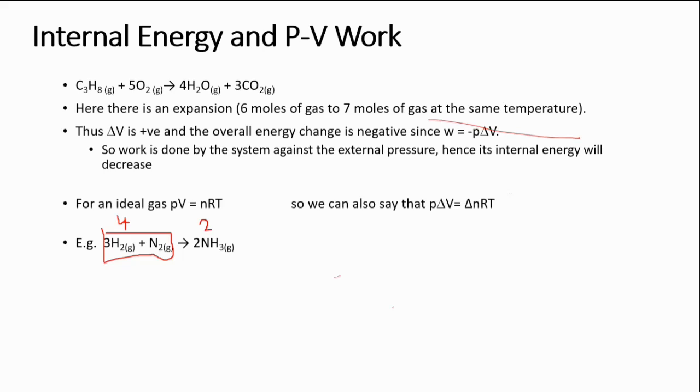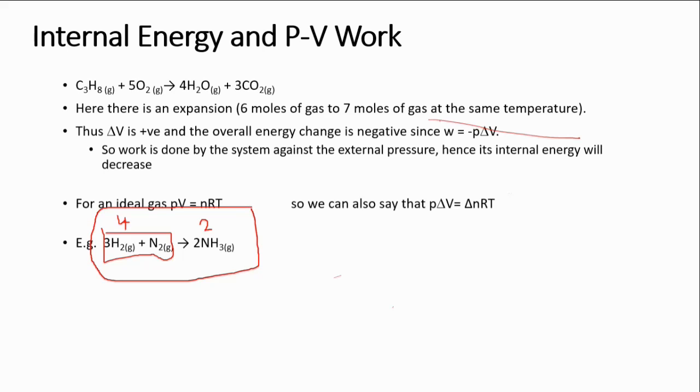If you have that cylinder that we were discussing earlier in deriving the rule for work, and you started out with 4 moles of the gas, and then at the end of the day you end up with 2 moles, then of course the piston would move downwards. In other words, for this reaction, work will be done on the system and not by the system.